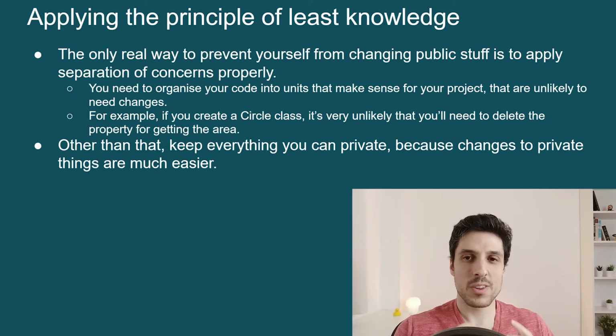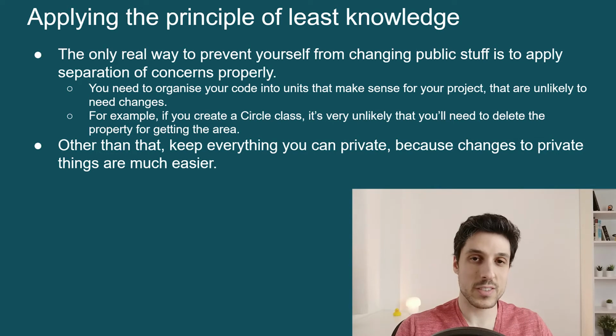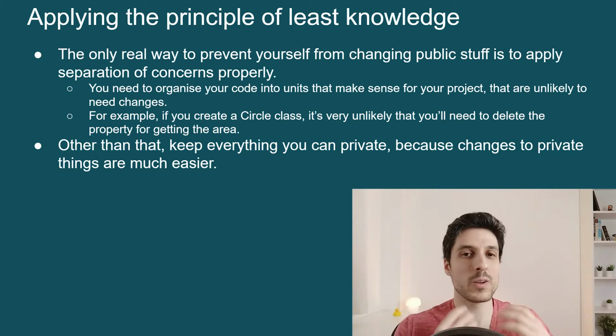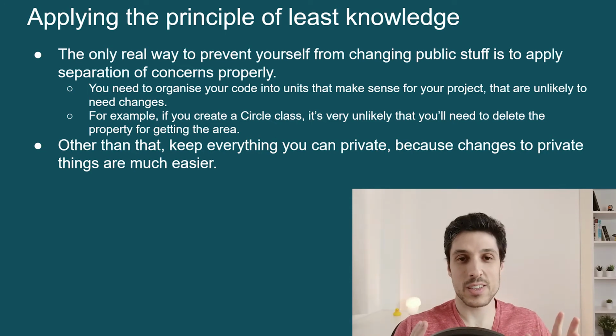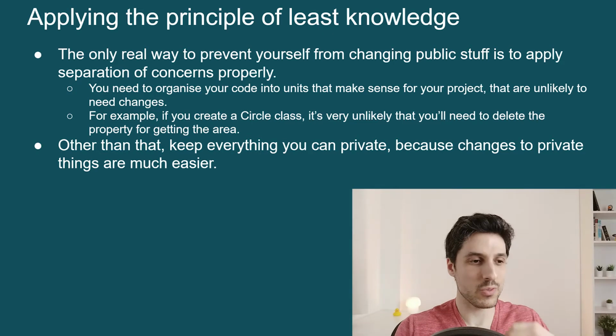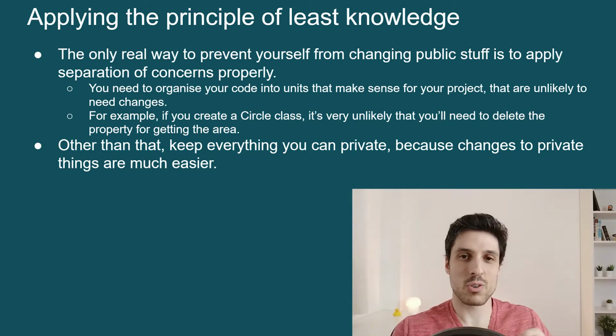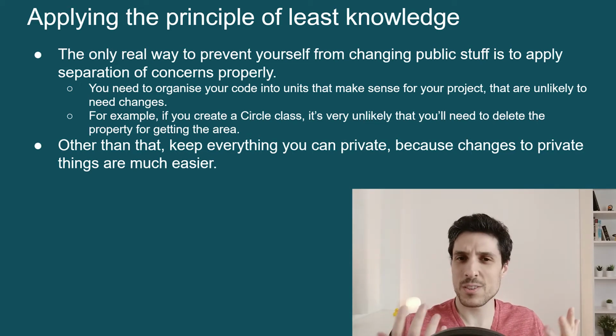The only thing we can really do is try to create sensible units that we probably won't need to change in the future. The only way we do that is by applying separation of concerns effectively. For example, if we have a class called circle that deals with circle mathematical things like getting the area or calculating the circumference, what are the chances that we're going to need to change a method in there?